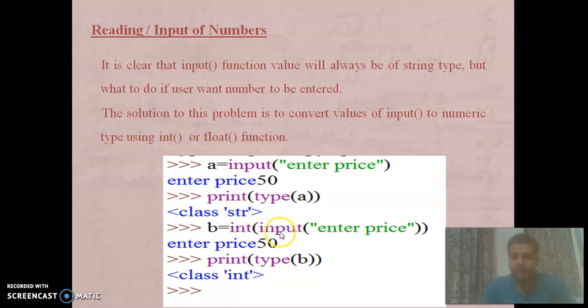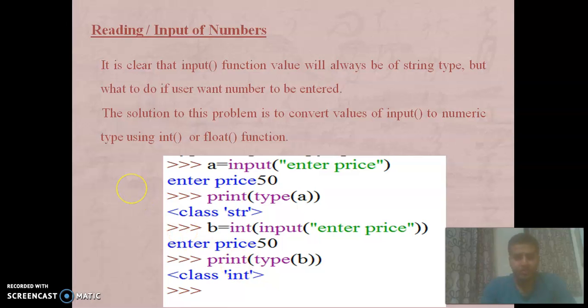Now in b, I put the message "enter price", but I've used the int function outside of that. I've entered the price as 50. You can see now what's the type of b? It's an integer, because whatever string value is coming, using the int function that value gets converted to an integer.